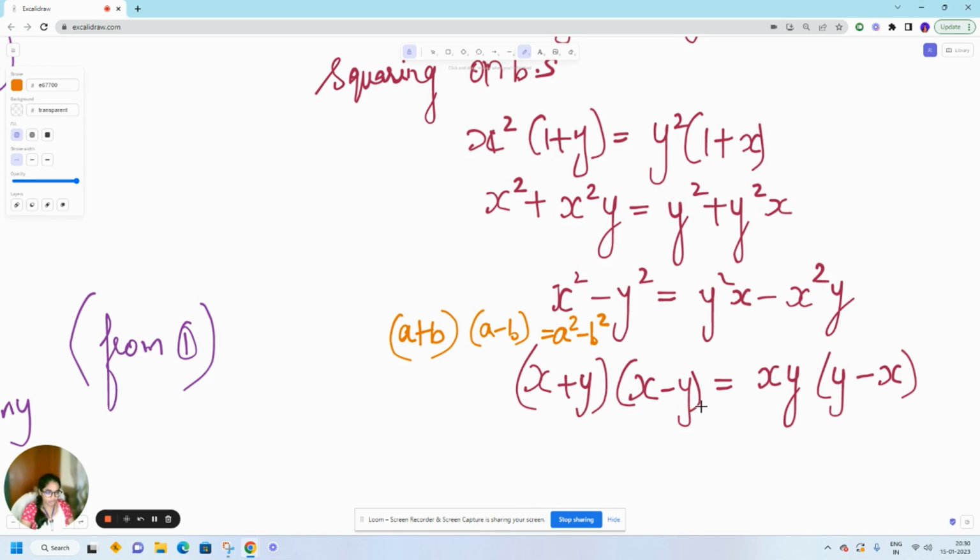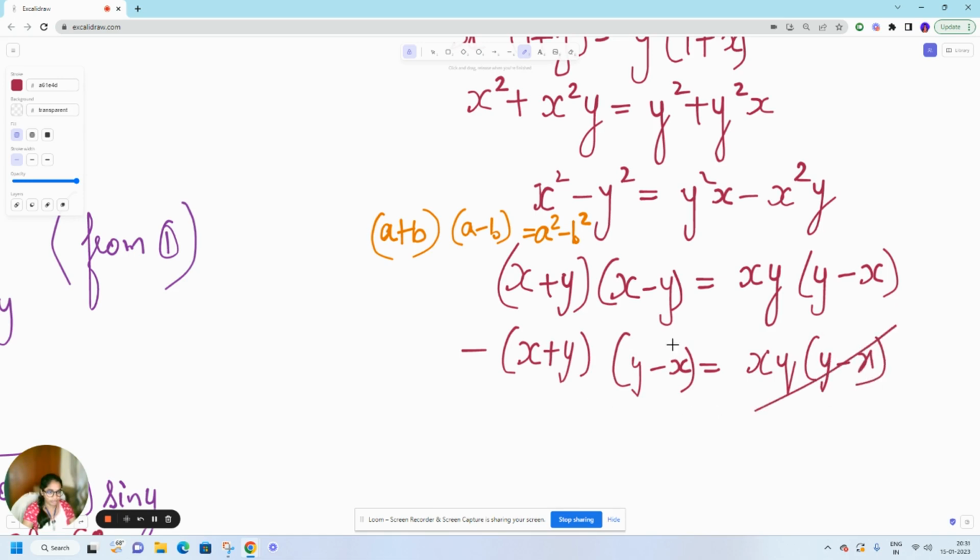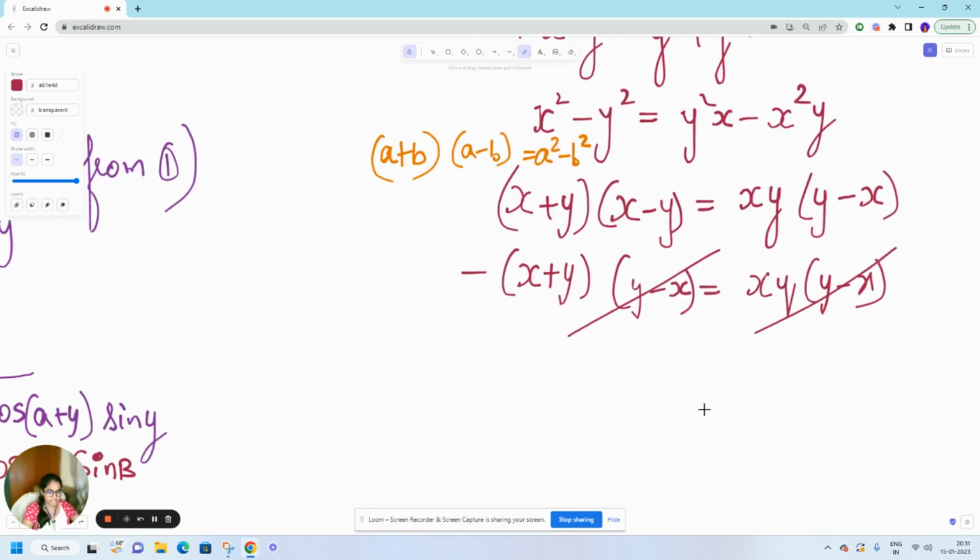Correct. So now observe, we have here x minus y. Here I have y minus x. So I'll take a negative sign common here. That is minus x plus y into y minus x is equal to xy into y minus x. So y minus x gets cancelled.